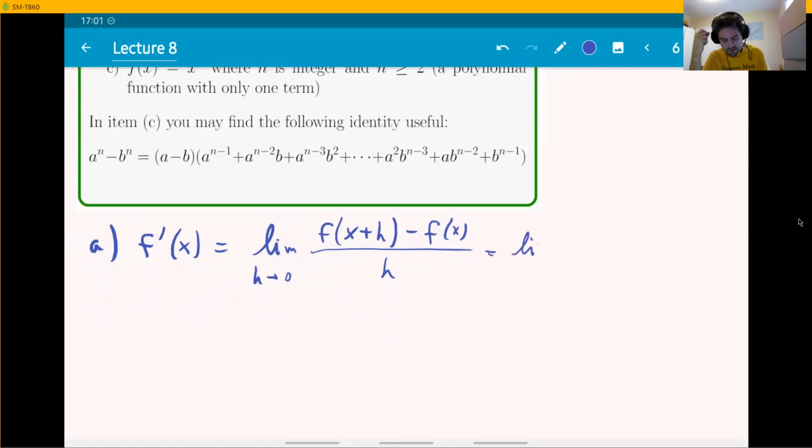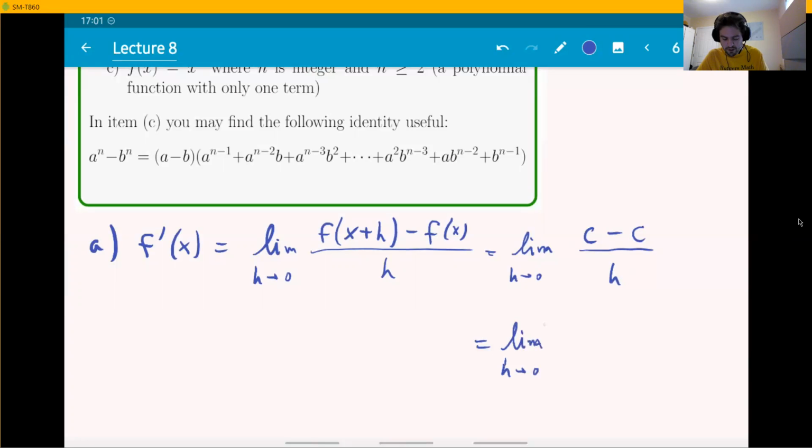the function f in this item is just a constant. It's c. So both f of x plus h and f of x are equal to c. And then c minus c is equal to 0. This is not actually a limit of indeterminate form 0 over 0. The function inside of the limit is the 0 function.